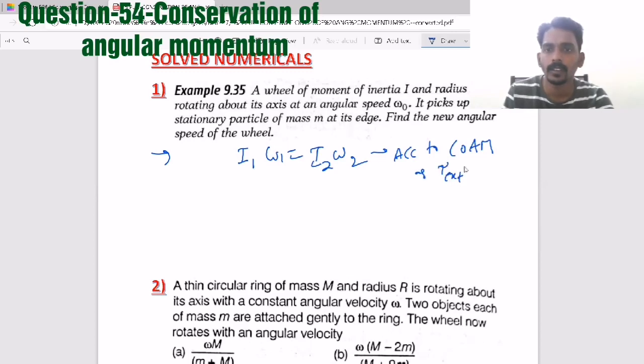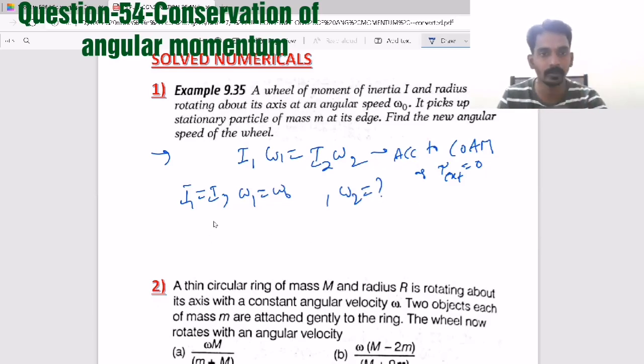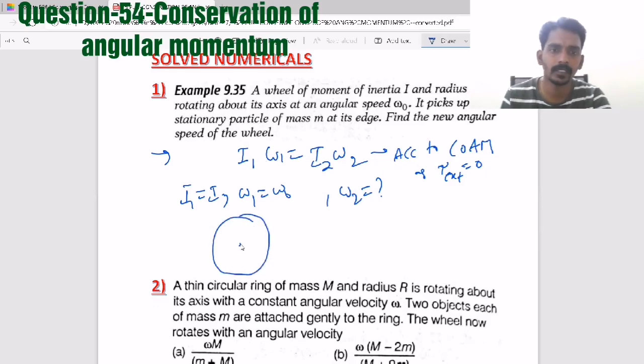as the resultant torque is 0. Now I1 is I and omega 1 is omega naught. Omega 2 we have to find. What about I2? It is a wheel, which means it is just like a disc of mass m rotating about its central axis.